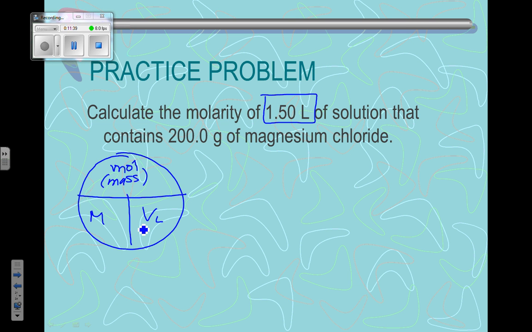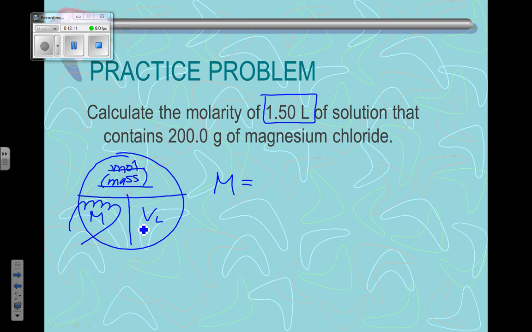Now read the problem. Calculate the molarity. What are we solving for? Molarity. So if you're solving for molarity, you put your hand on top of the molarity, cover it up, and the circle tells you that in order to get molarity, in the problem, they have to give you moles or mass. They have to give you one of them, because you can only have one unknown, and the unknown is molarity.